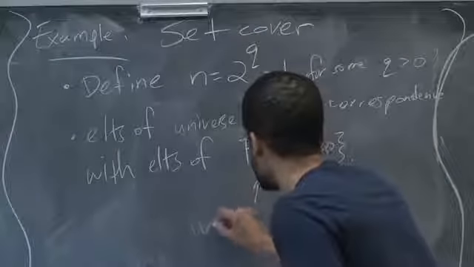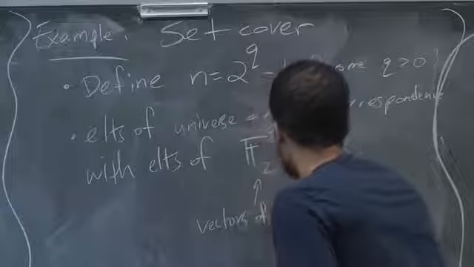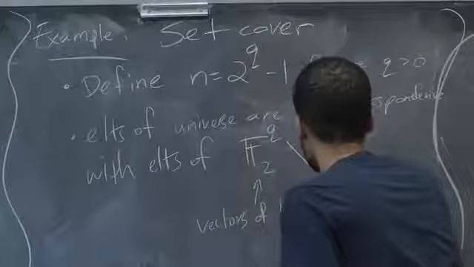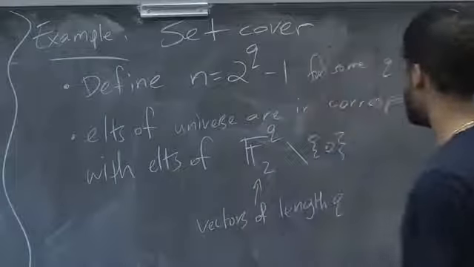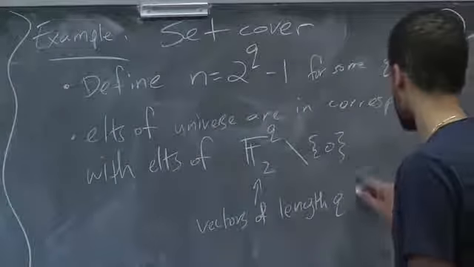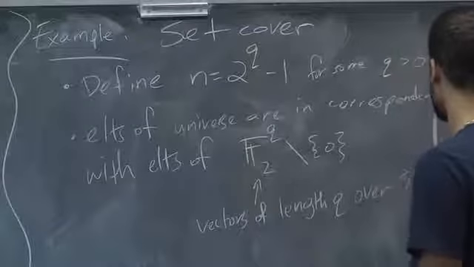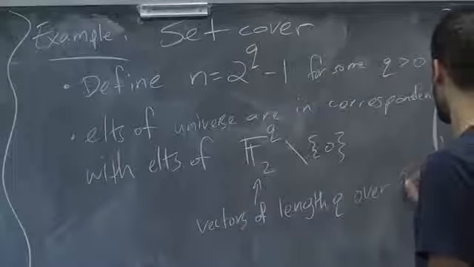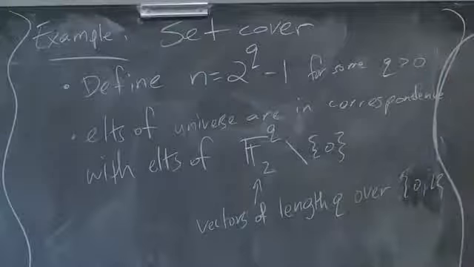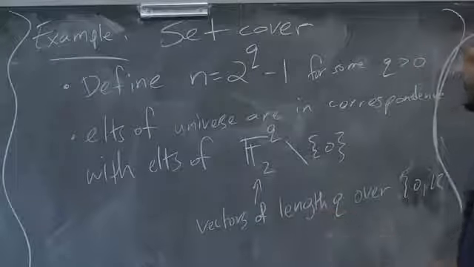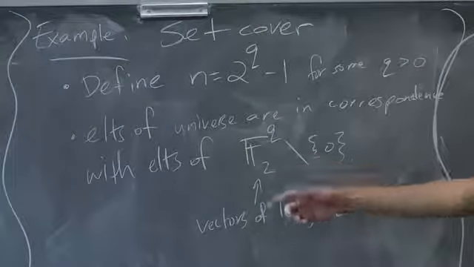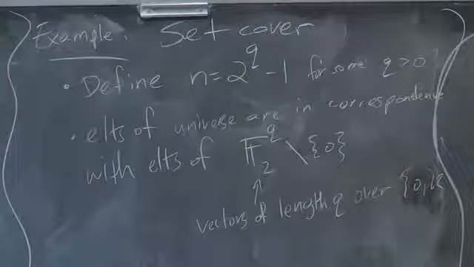These are vectors of length q over F2, over 0, 1. So this is some vector space. Okay, so really I'm just saying, think of these as like bit strings of length q, and adding them means bitwise XOR.